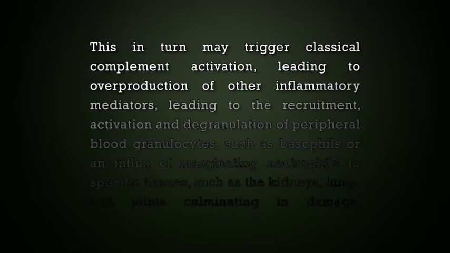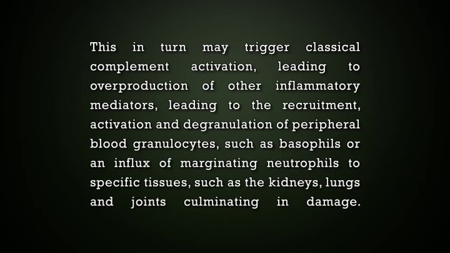This in turn may trigger classical complement activation, leading to overproduction of other inflammatory mediators, leading to the recruitment, activation and degranulation of peripheral blood granulocytes such as basophils, or an influx of marginating neutrophils to specific tissues such as the kidneys, lungs, and joints, culminating in damage.